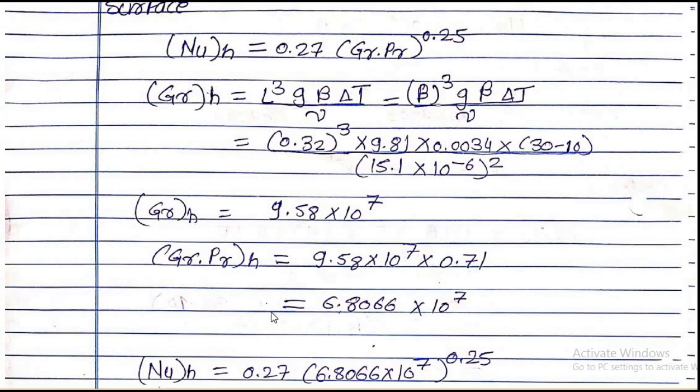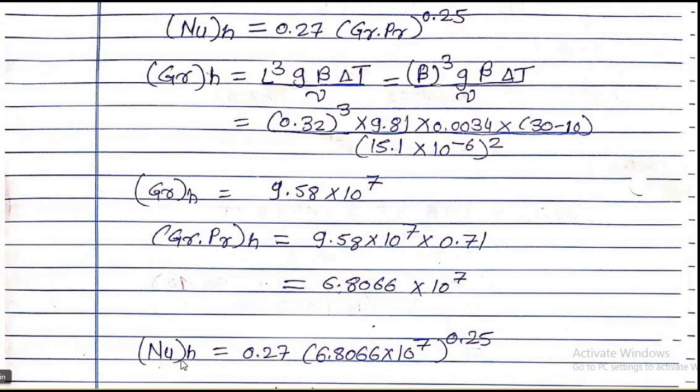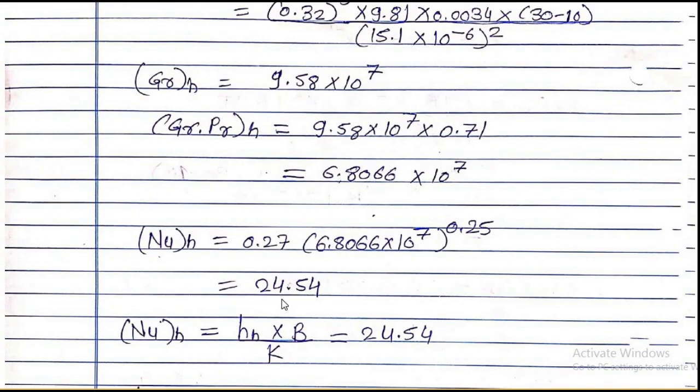On that basis we can determine the Nusselt number for the horizontal surface. Nusselt number is equal to 0.27 into bracket, the product of Grashof number and Prandtl number, 6.8066 multiplied by 10 raised to 7, bracket complete raised to 0.25. So we get the Nusselt number as 24.54.